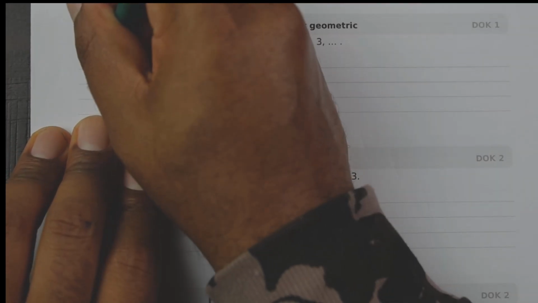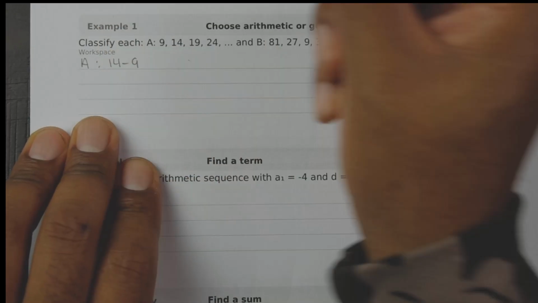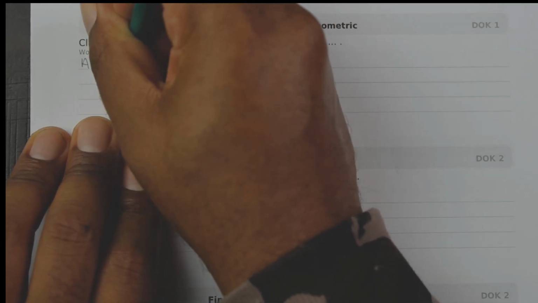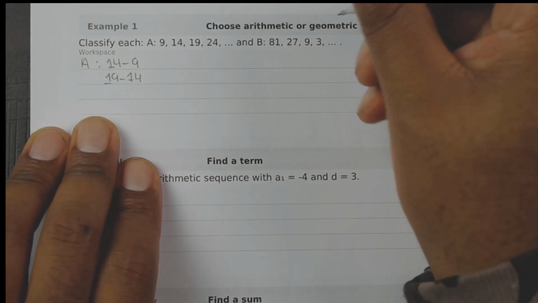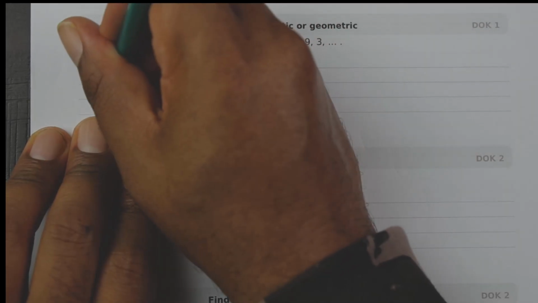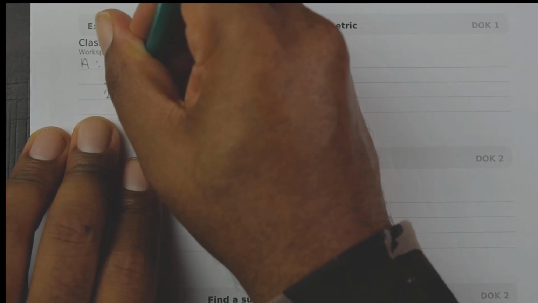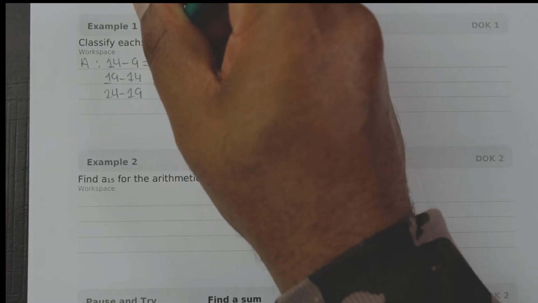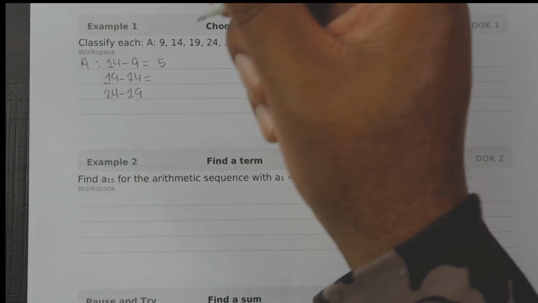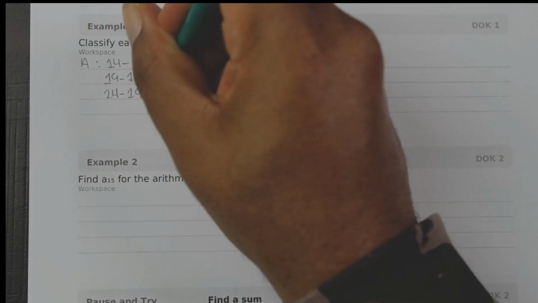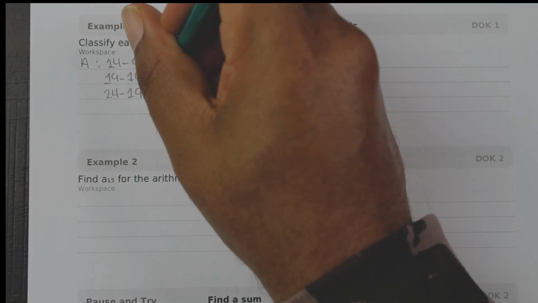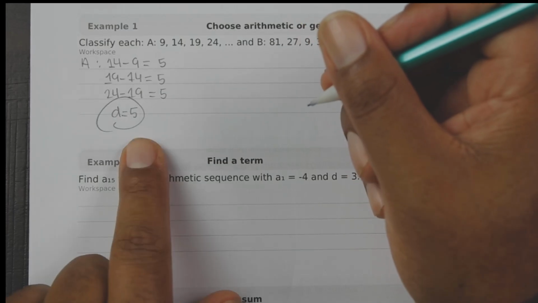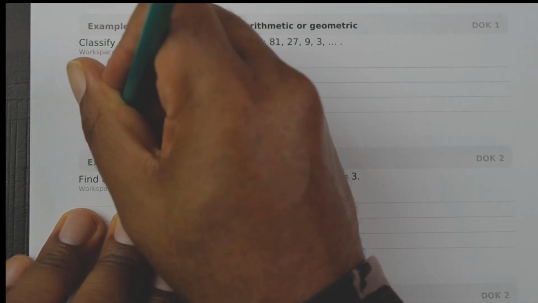We have 14 minus 9, then 19 minus 14, then 24 minus 19. 14 minus 9 gives me a difference of 5. 19 minus 14 gives me a difference of 5. And 24 minus 19 is also going to give me a difference of 5. So I know that the difference here is 5, and this is arithmetic.